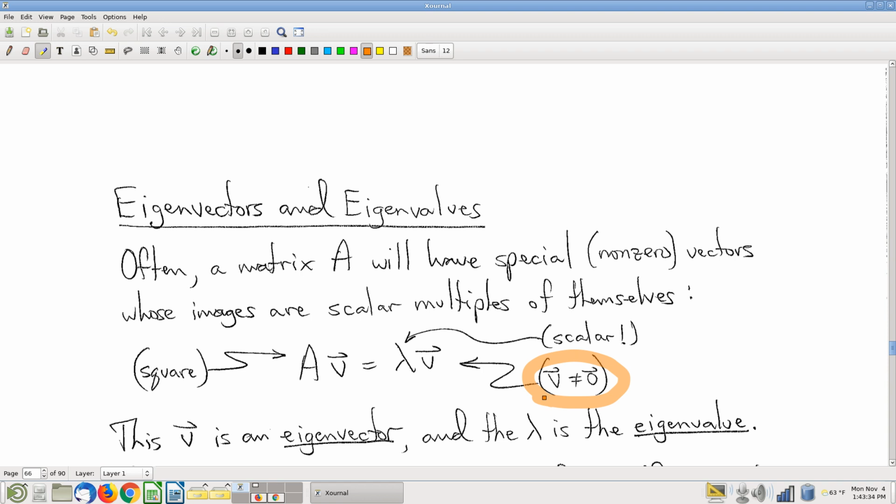It's not worth making a thing out of it, right? So when we say eigenvector, in order to keep that reference notable, we're going to exclude zero from the terminology. So when we talk about eigenvectors, one of our requirements and assumptions is that the eigenvector is not zero. Okay.